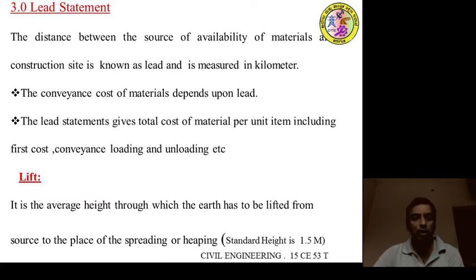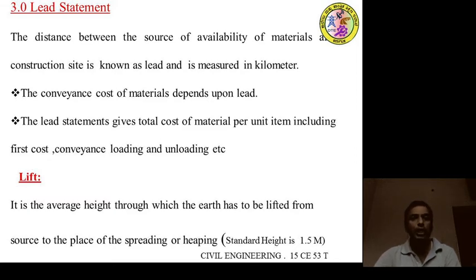The lead statement gives the total cost of material per unit item including first cost, conveyance, loading and unloading, etc. For example, if preparing a lead statement for 20 mm jelly, the material cost will be 500 rupees per cubic meter or 1000 rupees per cubic meter.